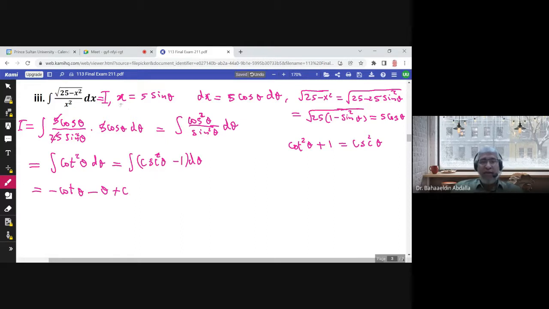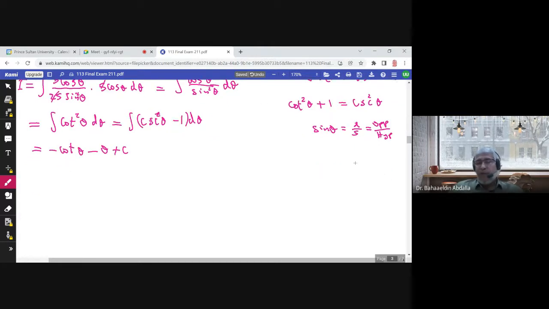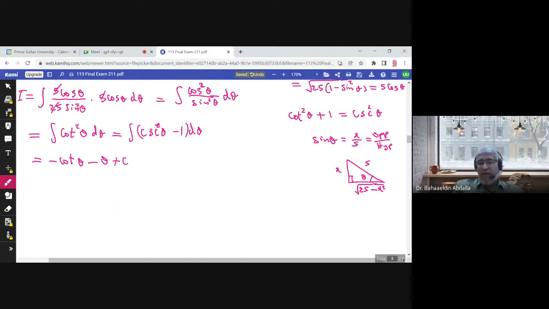And to do that, I know from here that sine theta is x over 5, and sine is opposite over hypotenuse. So if I have a right triangle and this is theta, the opposite is x, the hypotenuse is 5, so the adjacent would be hypotenuse square minus opposite square below the square root. Okay, square root of 25 minus x squared.